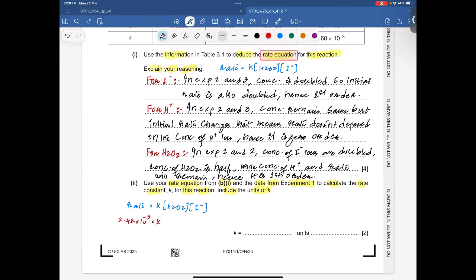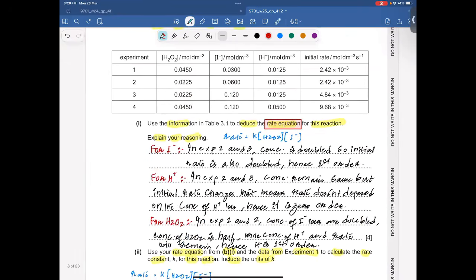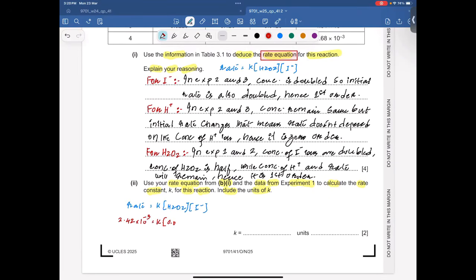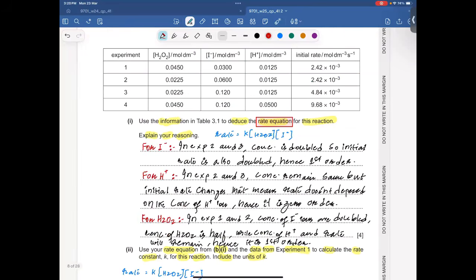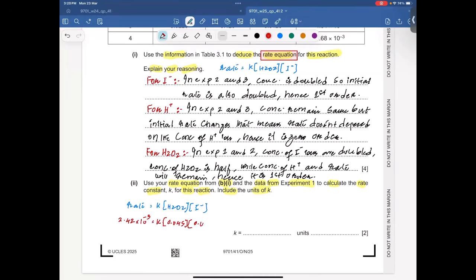We need to find out the value of K. The concentration of H2O2 in experiment 1 is 0.045 and the concentration of iodide ion is basically 0.03. So the value of K from here is going to be 1.79.